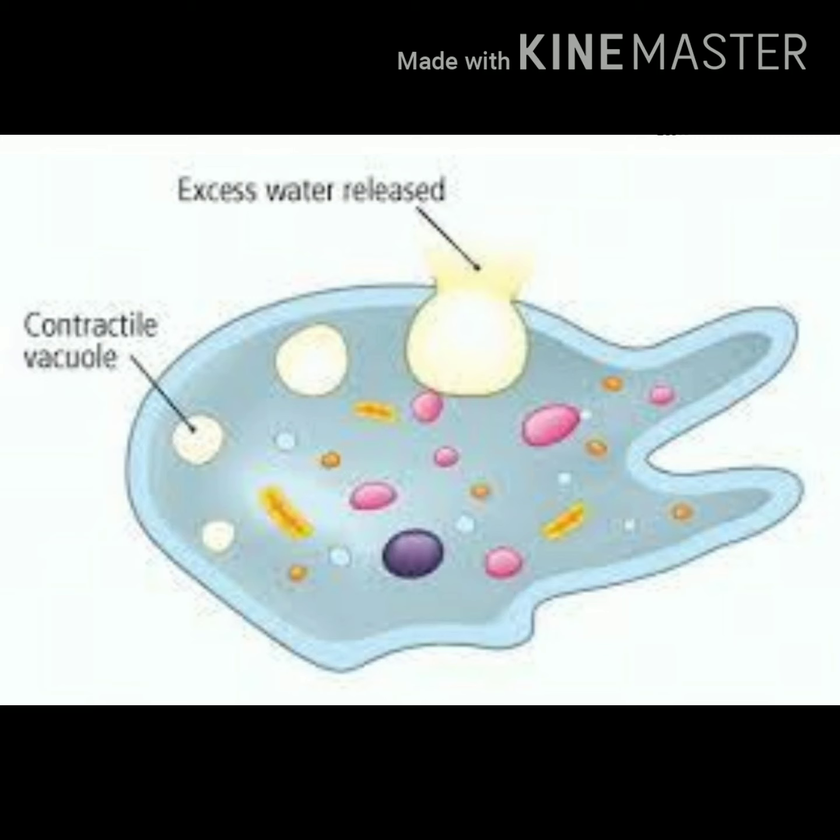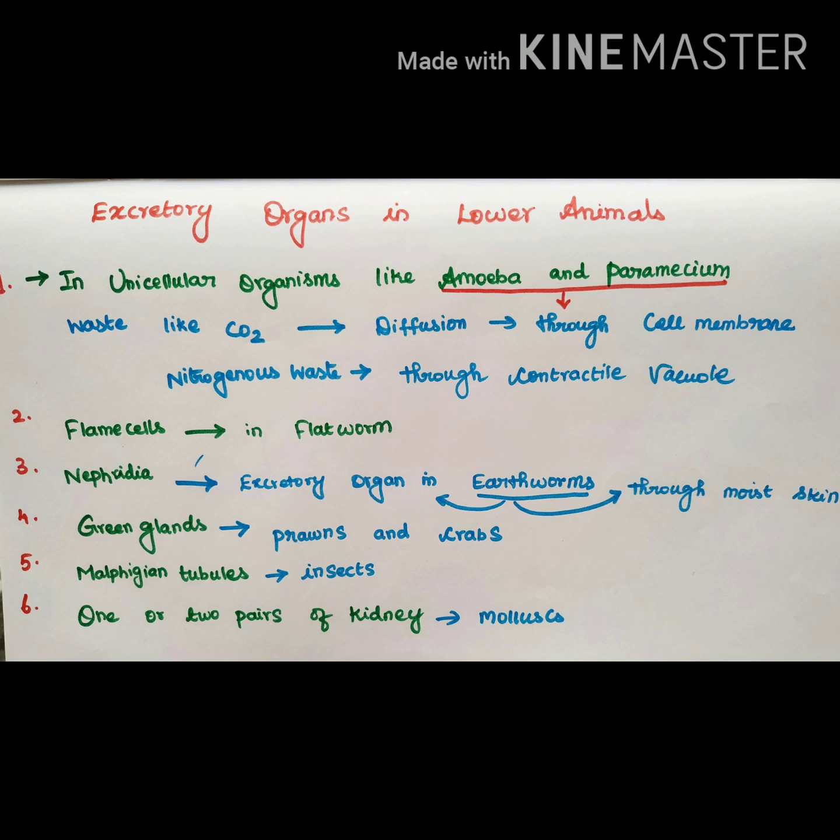So while bursting out, all these substances, the nitrogenous waste, get burst out along with the cell. In such a way it takes place in the amoeba and paramecium. In unicellular organisms, if it is a gaseous waste, it is removed by diffusion. If it is nitrogenous waste, it is released through the contractile vacuole.